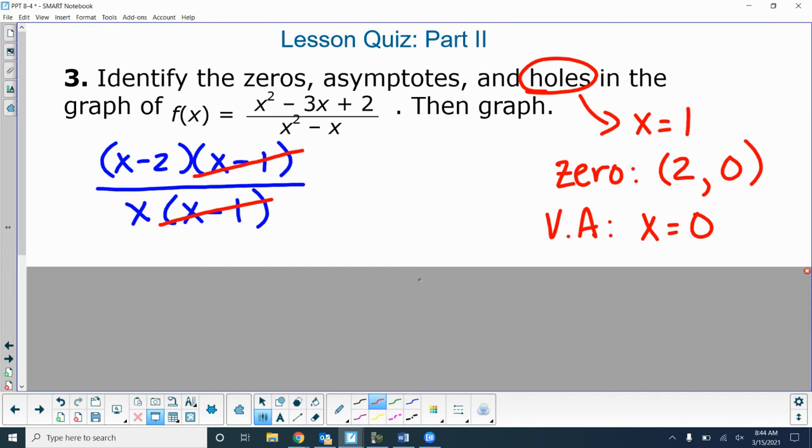Is there a horizontal asymptote? What's the degree of the top? 2. What's the degree of the bottom? When the degrees are the same, is there a horizontal asymptote? Yeah, there is.